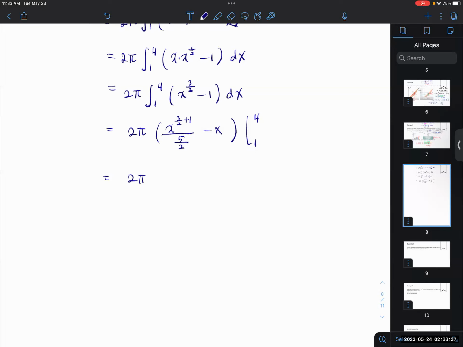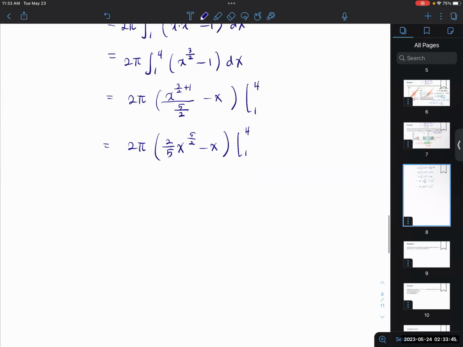If I simplify, this is 2/5 x to the 5/2 minus x, from 1 to 4. So we're going to do f of 4 minus f of 1. So 2π, plugging in 4: 2/5 times 4 to the 5/2 minus 4, minus 2π, 2/5 times 1 to the 5/2 minus 1.